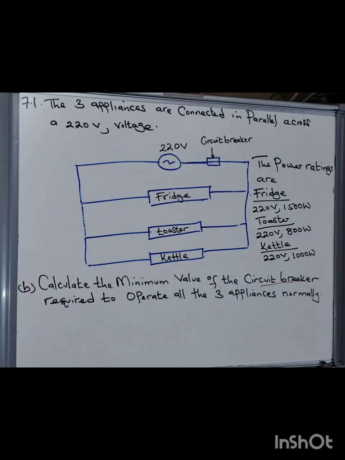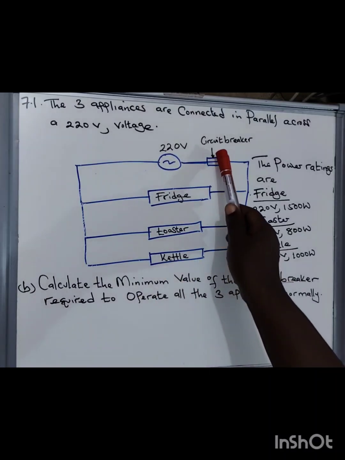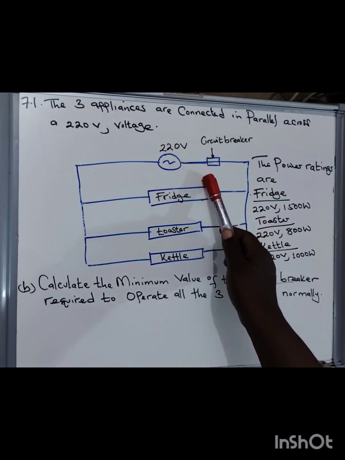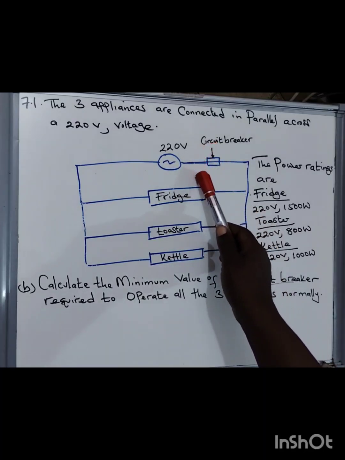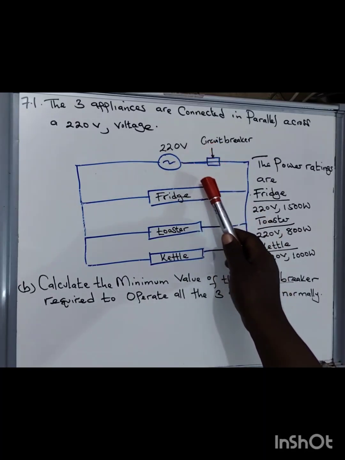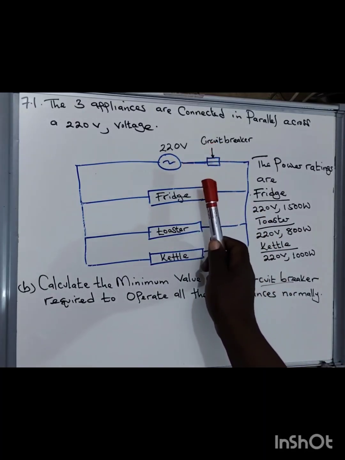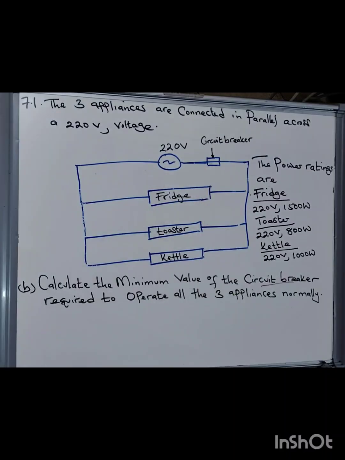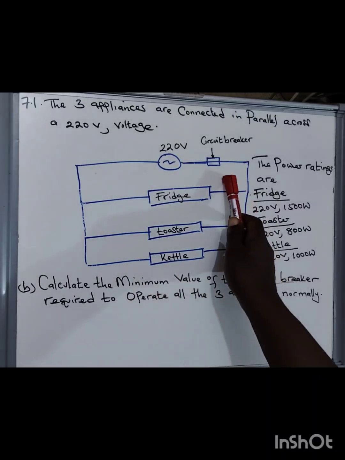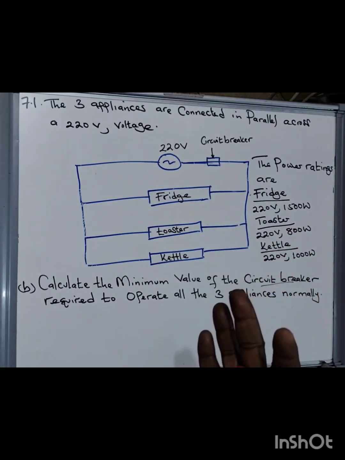So in other words, for purposes of calculation, we can replace a circuit breaker with the ammeter, where this ammeter has minimum value of the current that is supposed to pass. For a circuit breaker, when the current exceeds that value, it switches off.